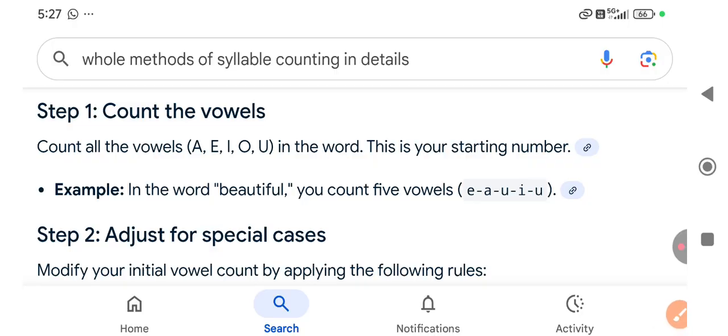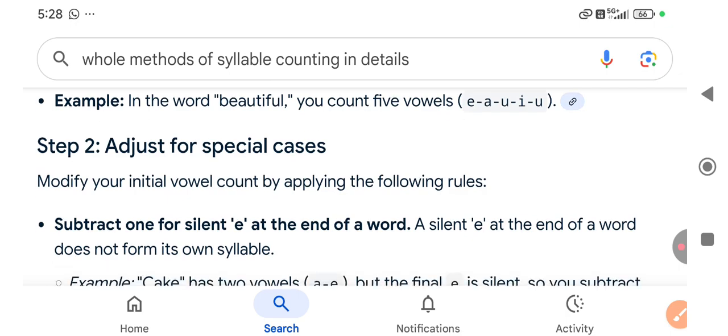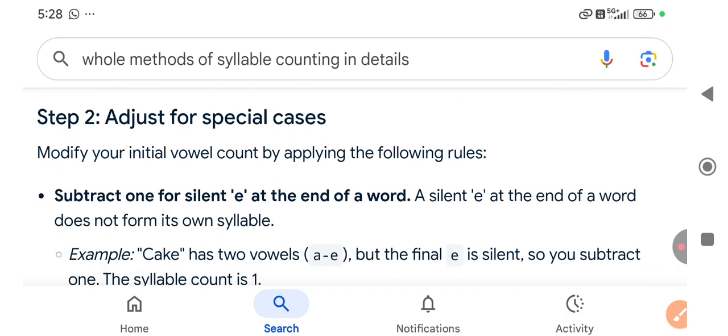You just underline the vowels, and sometimes it is useful for counting the syllables, but not always. Why? Because there are different types of words also. For example, adjust for special cases.